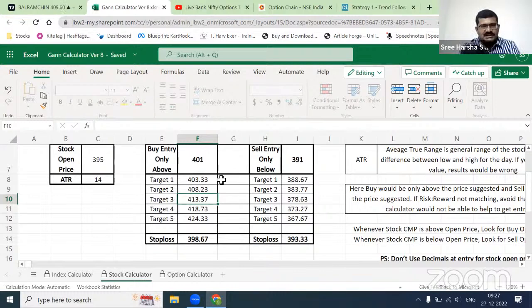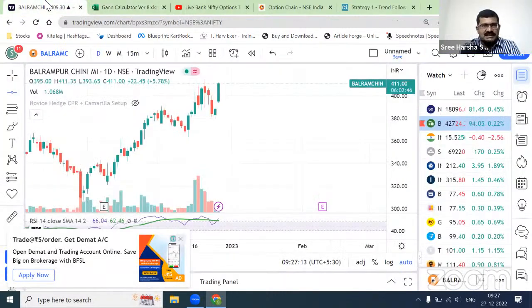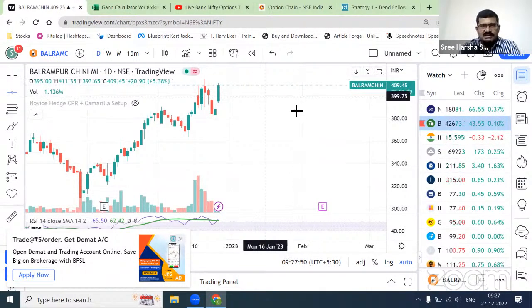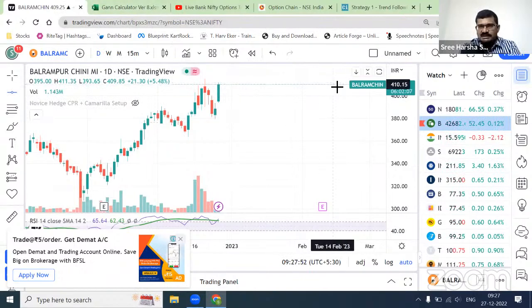Or else if it retests 403, I think that will be the best possible time. Or else here, entry has to be done immediately and exit also has to be done. Here it's already moved up 5%. So it is going to be a little risky, but it is definitely in momentum at this point in time.